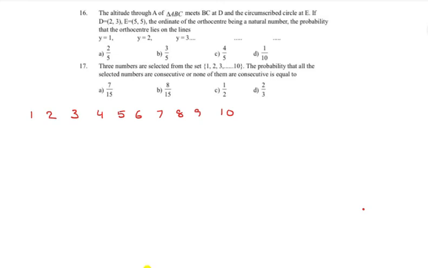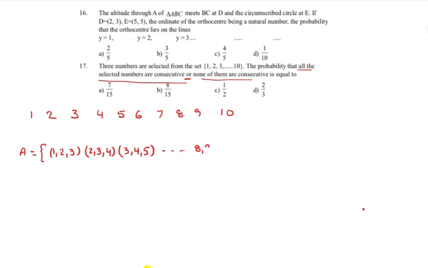He is saying the probability that all the selected numbers are consecutive or none of them consecutive. So I am assuming A is equal to all the selected numbers are consecutive: 1, 2, 3; 2, 3, 4. 3 numbers we are selecting, all the 3 numbers are consecutive; 3, 4, 5.